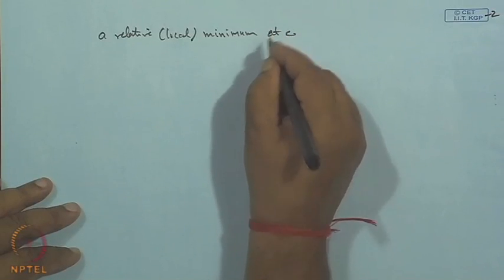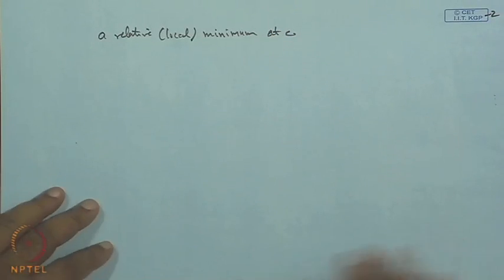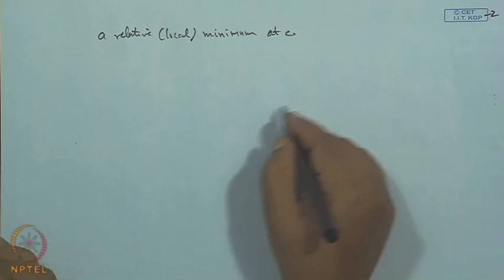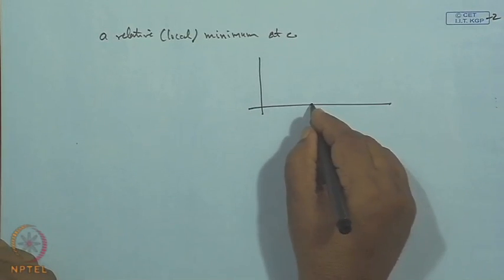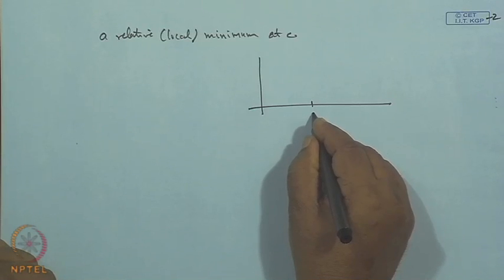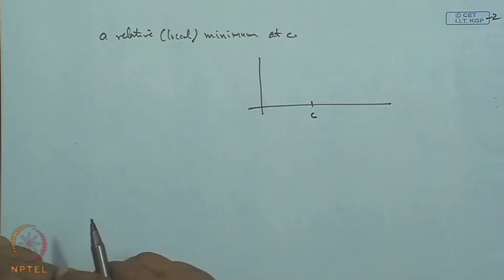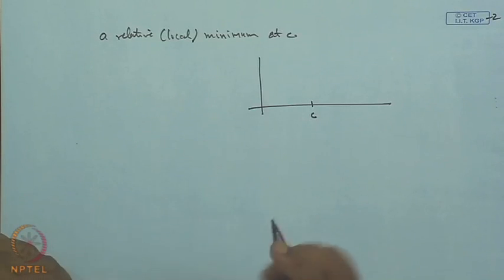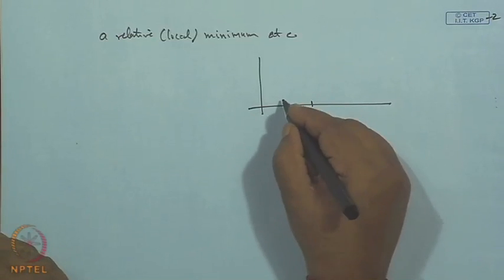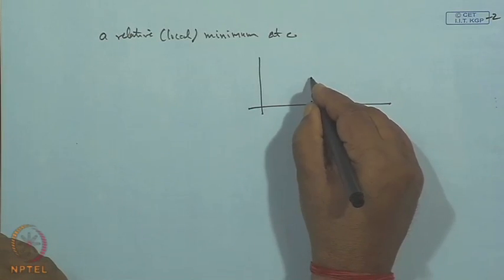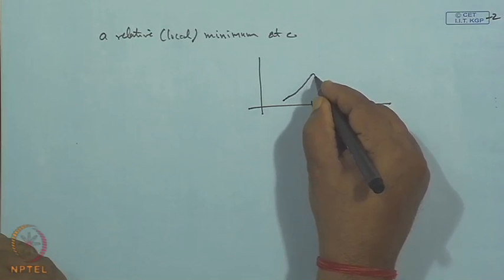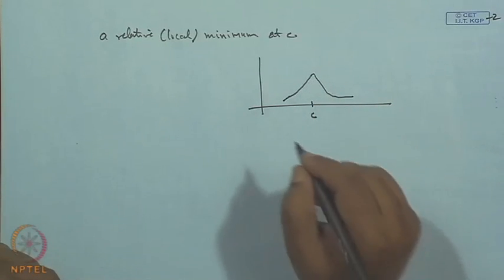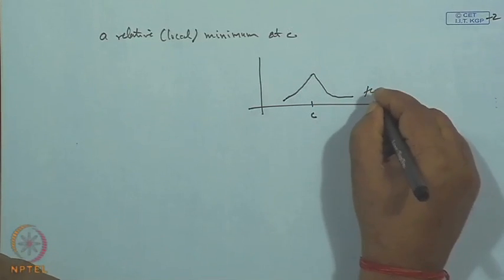So, before going to the proof, let us see geometrically what it means. Suppose we have two cases. One is this, say C is in this interval. Suppose this is the function, f x.